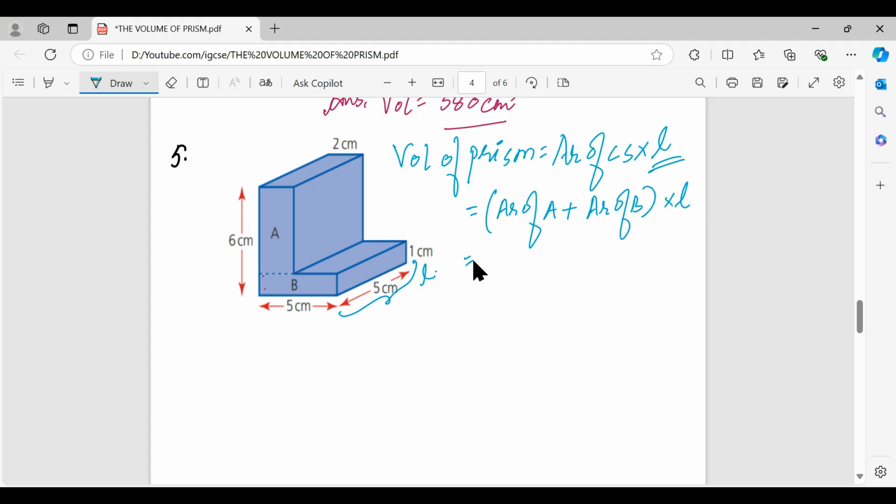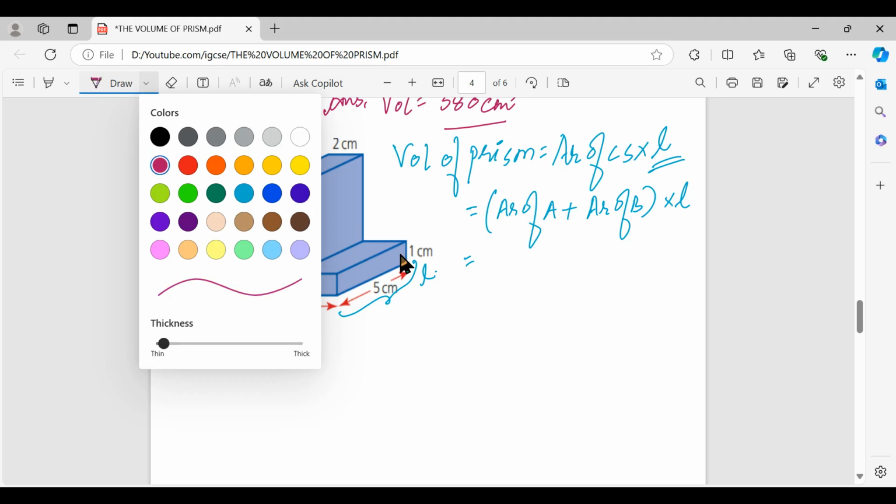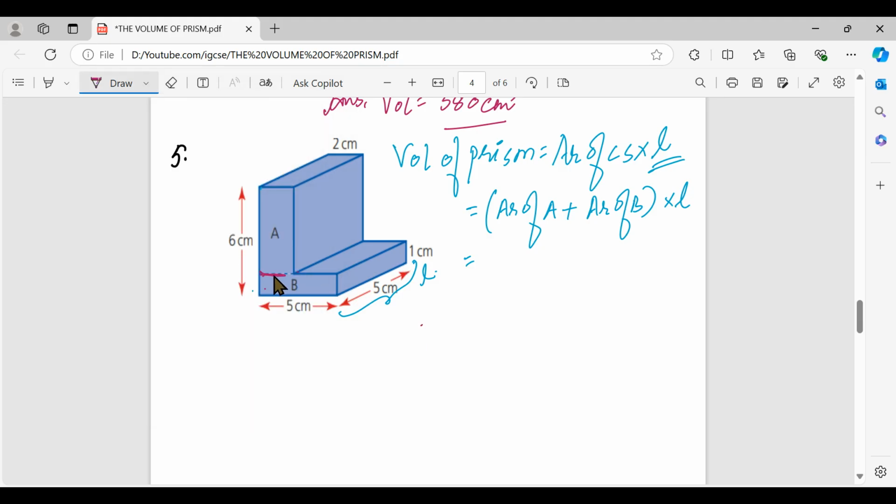Now what is the area of A? The whole length is 6, but we have divided this shape like this. Here is one rectangle and here we have another rectangle, right? Let's write the dimensions. The whole length is 6, but here it is already given as 1. So this is 1 and this one will be 1, so this length will be 5 centimeters.